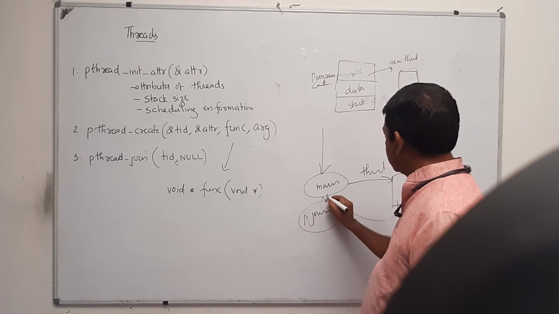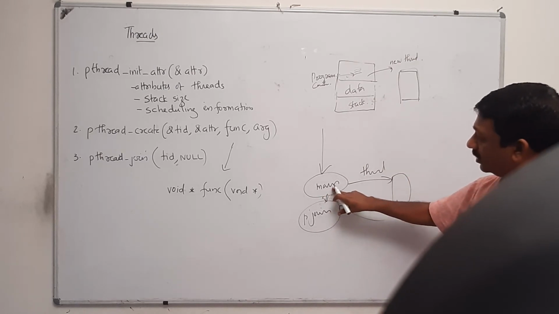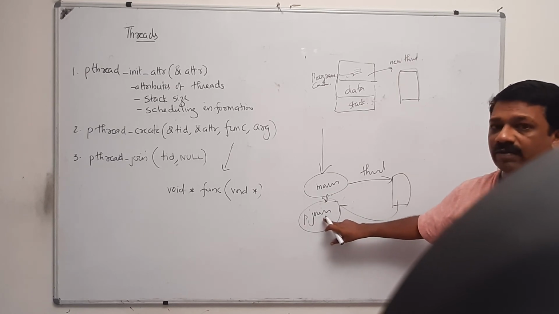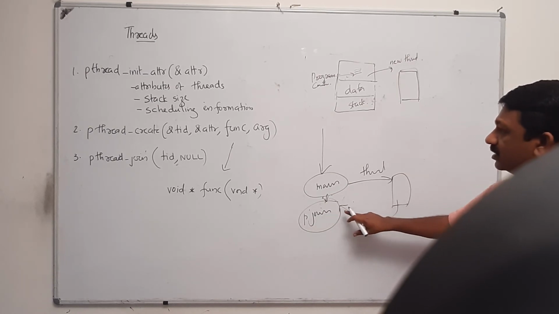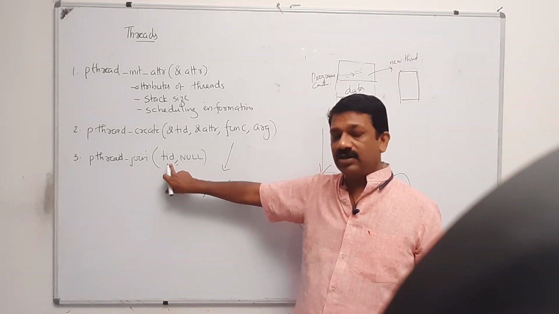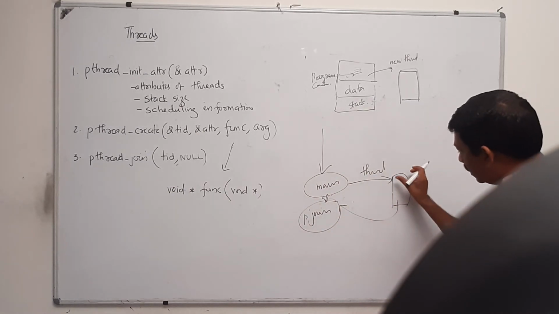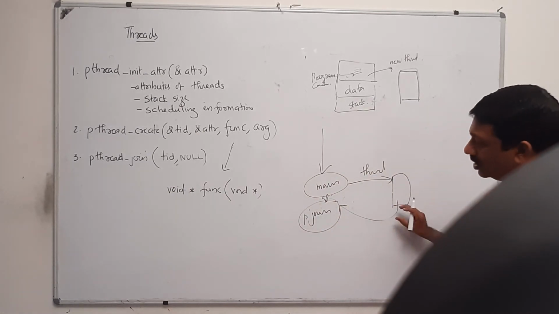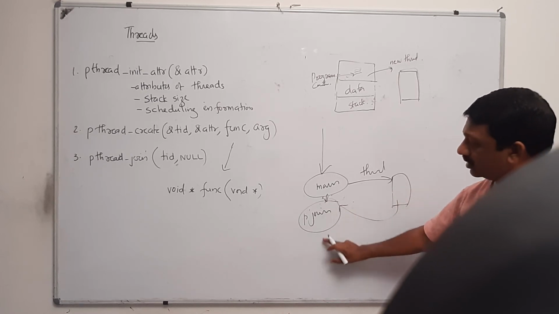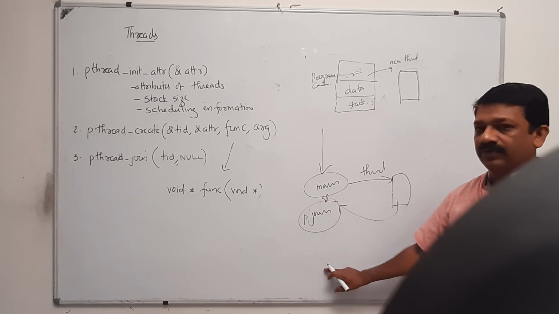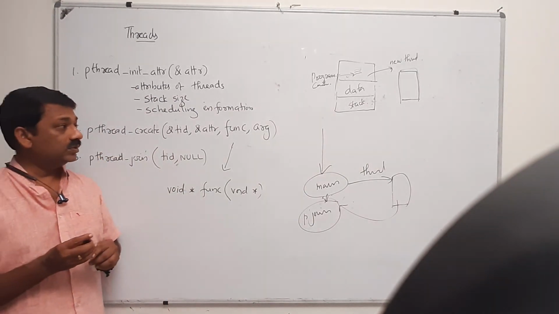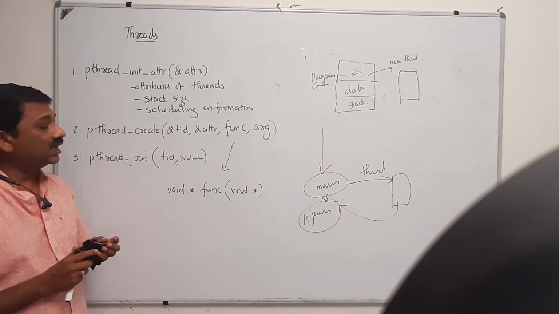After creating a thread, it is executing, and when you have a pthread_join command, it is waiting for this thread to be completed. Once this thread has completed execution and given the information that it has completed, only then can this main program proceed. So that's all about thread.